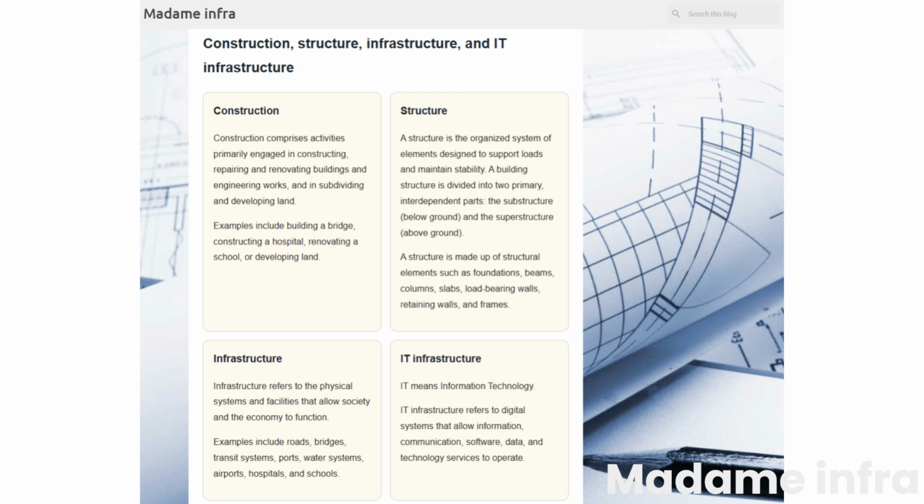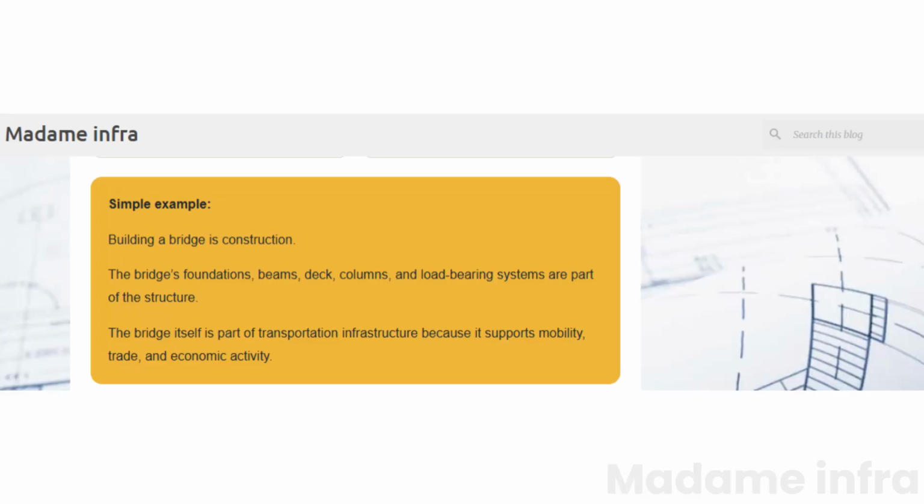IT infrastructure refers to digital systems that allow information, communication, software, data, and technology services to operate. Simple example: building a bridge is construction. The bridge's foundations, beams, deck, columns, and load-bearing systems are part of the structure. The bridge itself is part of transportation infrastructure because it supports mobility, trade, and economic activity.